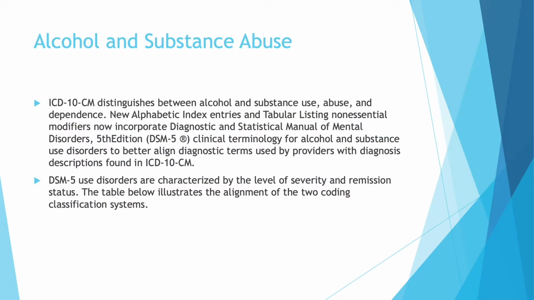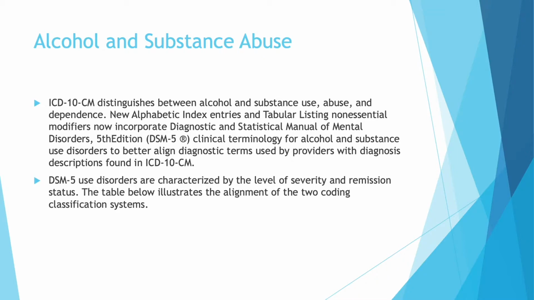Now in the mental behavioral health world, they have what's called DSM-5, and they use the same codes. However, the verbiage is a little bit different, because in ICD-10 we distinguish between alcohol and substance abuse, use, and dependence. The new alphabetical index, we do have the different tabular listings as well.